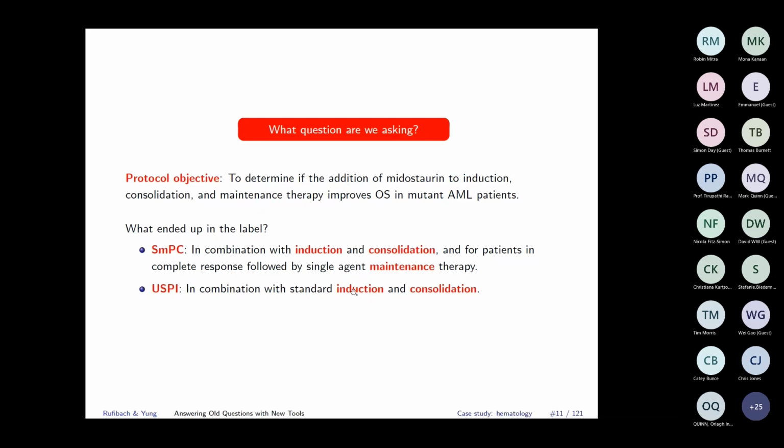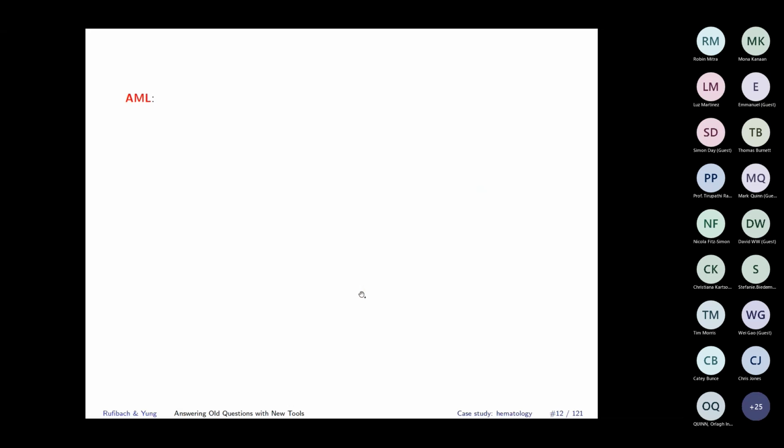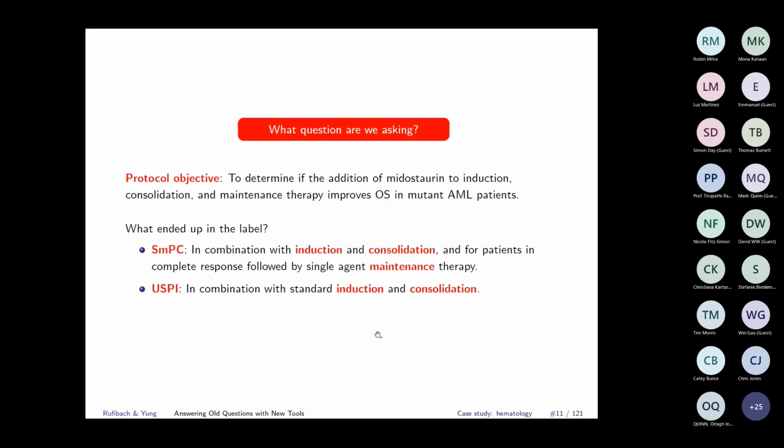Stem cell transplant is not part of the label, although it was part of the clinical trial. And the whole point of the estimand addendum is to try to avoid such confusion and bring the discussion of these questions to the design phase and be very clear at the design phase what questions we are going to answer and what data we are going to collect. Because here, if that would have been the question, we would not need to collect data on stem cell transplant, for example.